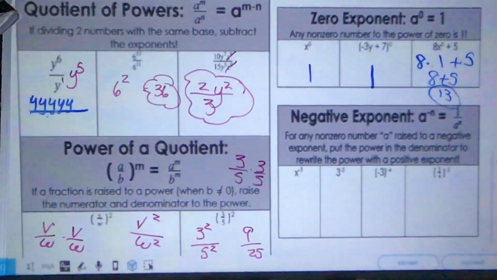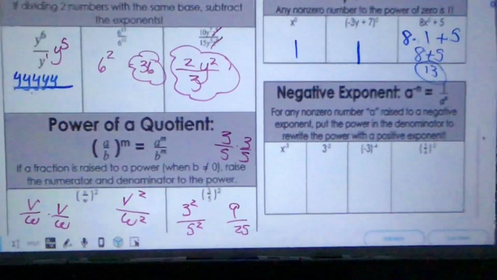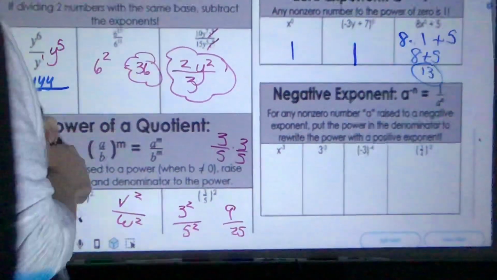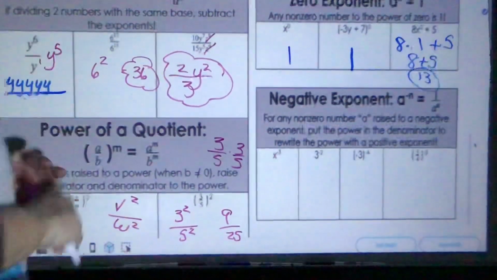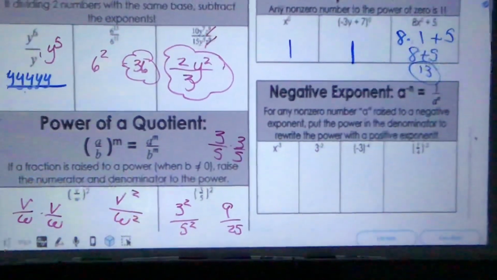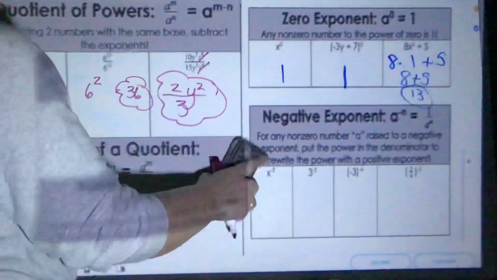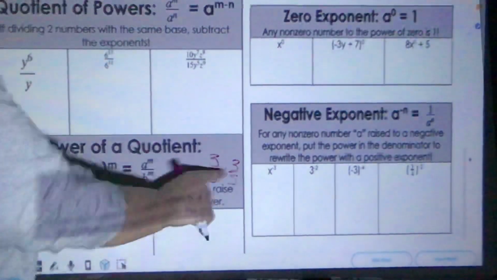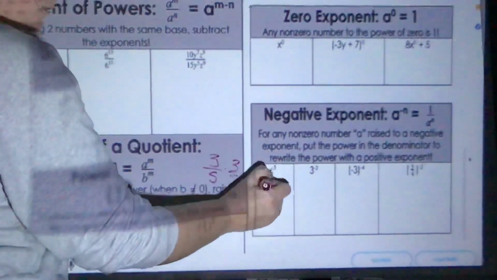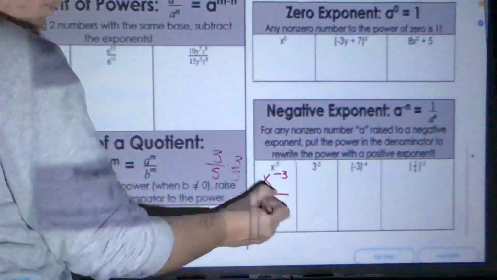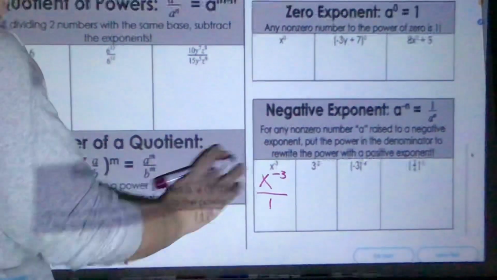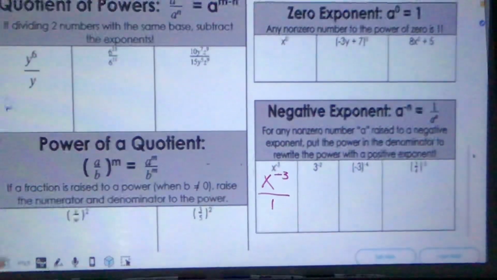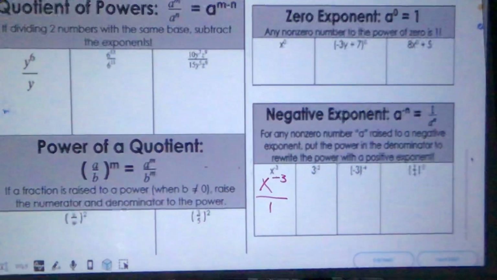And now our last rule was the trickiest for all of you this past week. When you have negative powers, think of every number as a fraction, so don't think of this as x, think of that as x over 1. So this would be x to the negative 3 over 1. If you have a negative power, negative powers become positive by doing the reciprocal.